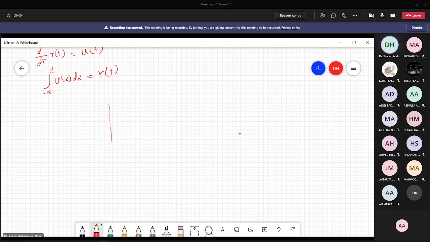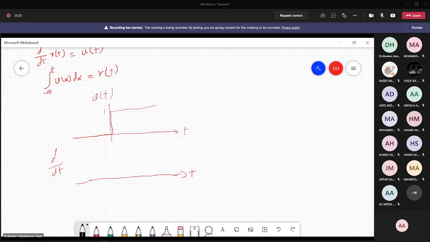Again, if I have u of t and I differentiate this one, what do we get? Before this point the slope is equal to 0, so we have 0. After 0, again it is a horizontal straight line, so the slope is equal to 0.